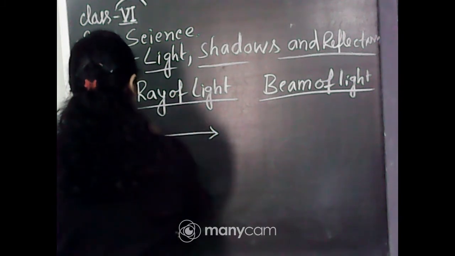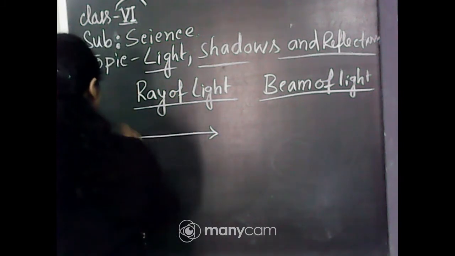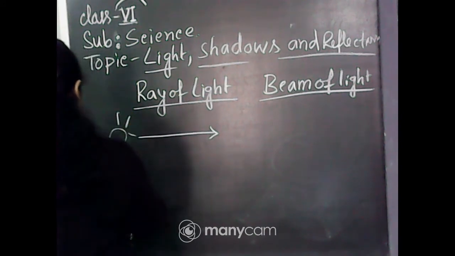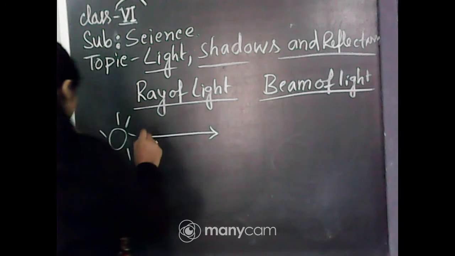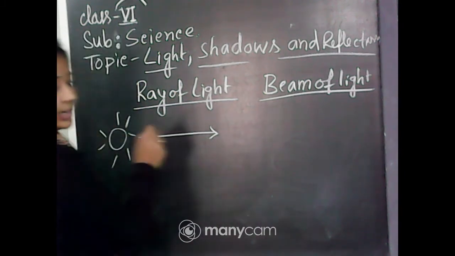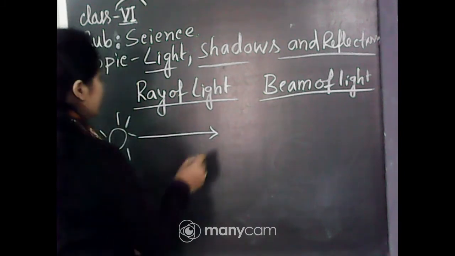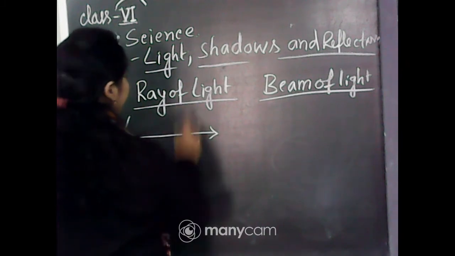If there is a source of light, this light travels in a straight line. We can represent the ray of light as a straight line with the direction of flow. So it is called the ray of light.